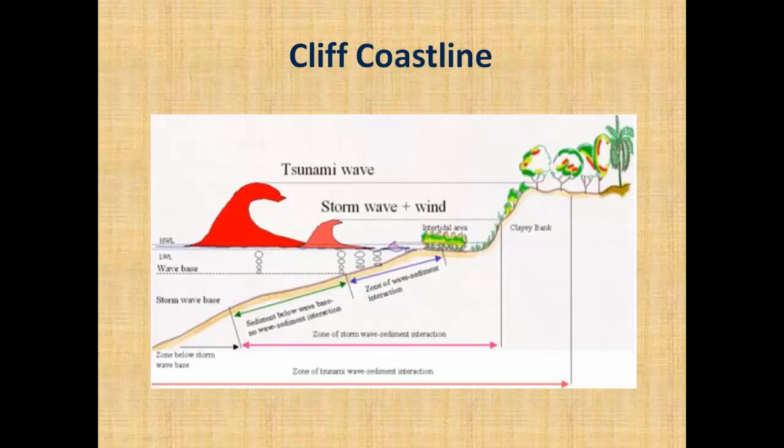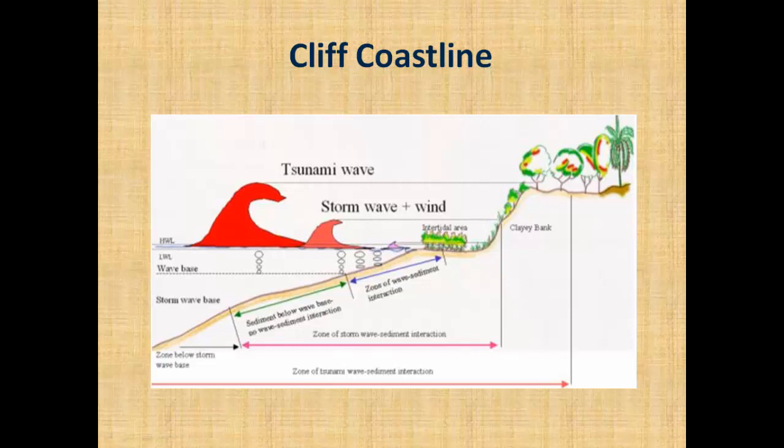Cliff coastlines are considered a hard coastline made up of sedimentary and volcanic material. They have a short shore platform, and obviously it's a cliff, so it's a steep slope.